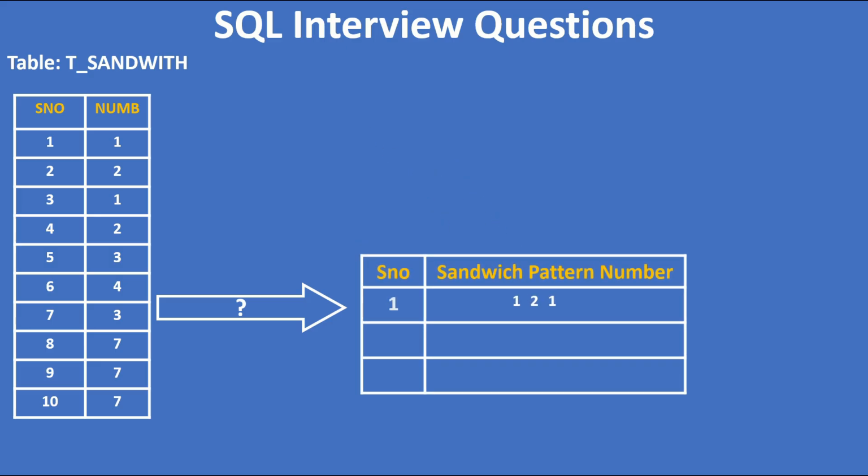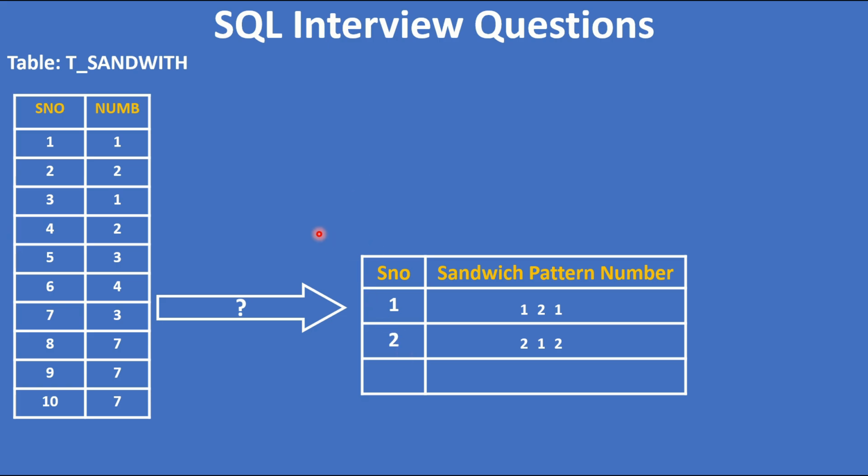So this is the sandwich number 121 for serial number 1. Then the next combination, 2 1 2. Is it a sandwich pattern number? Yes, because 2 is on both ends and 1 is in the middle. So this is also a sandwich pattern number for serial number 2.